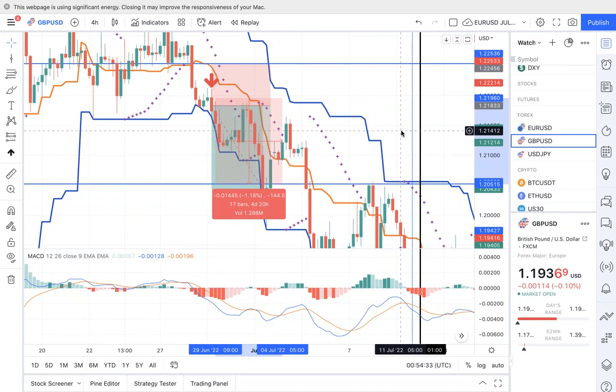Nope, it'll be $140. Sorry, I'm just checking. It'll be $140 because you always divide this number by 10. You always divide the pip number by 10. So even if the market only dropped 14 pips, but you was risking $10 per pip, you still would have made $140 off of that small risk.